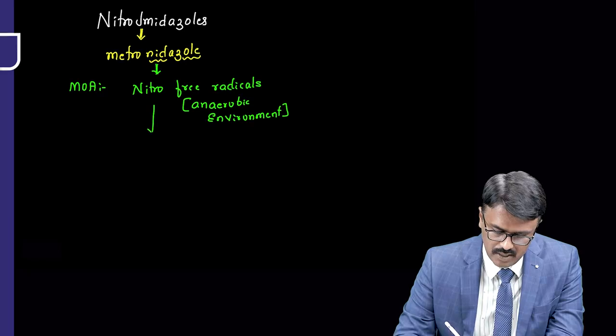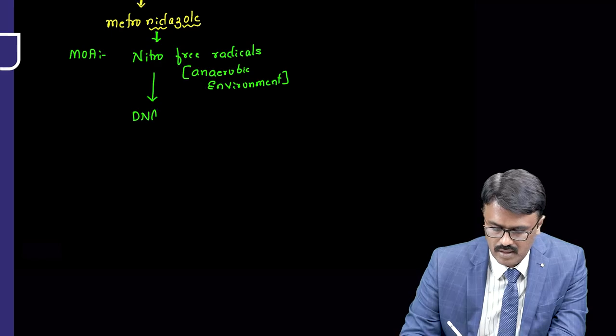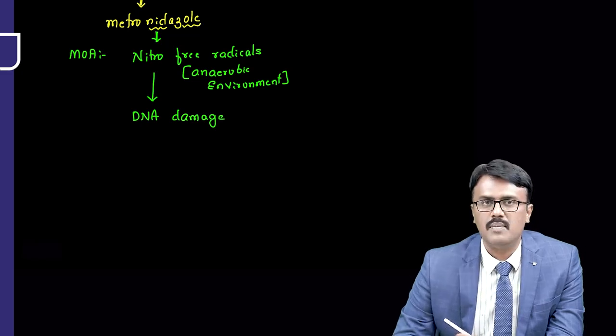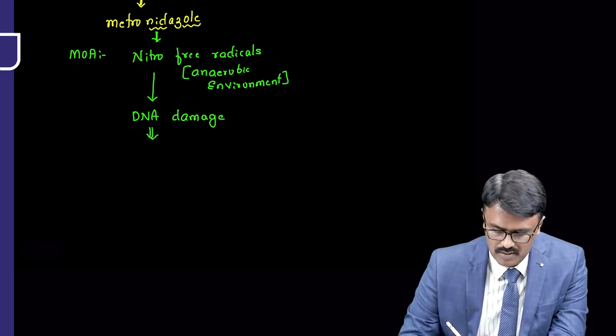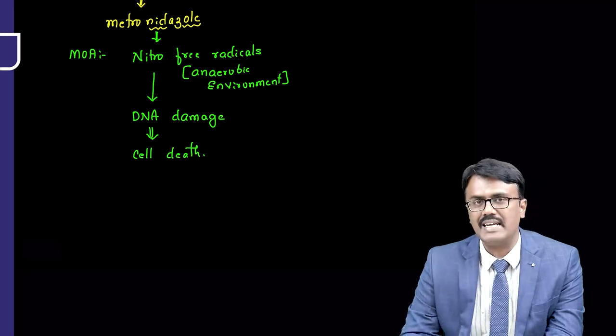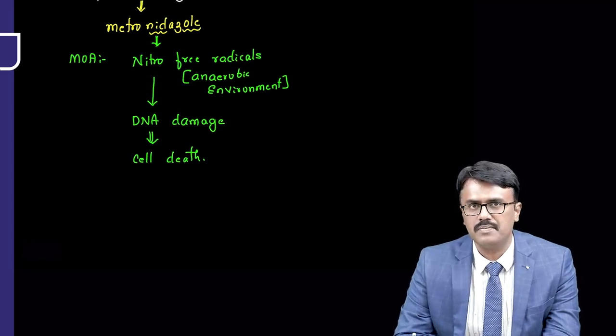What happens when the nitro-free radicals are generated? They will cause DNA damage. When the DNA is damaged, it will lead to cell death. So if it is a microbe, it will lead to microbial death. So that drug name is metronidazole.